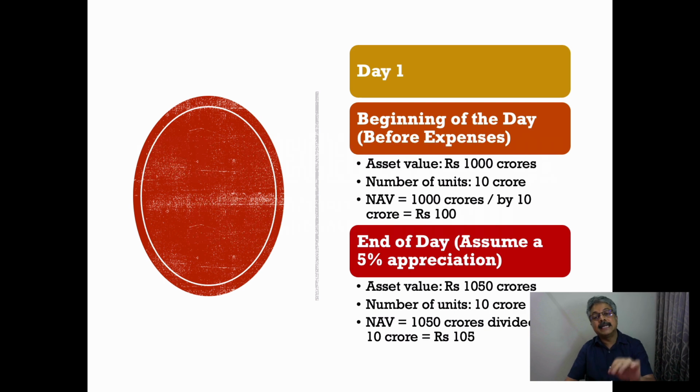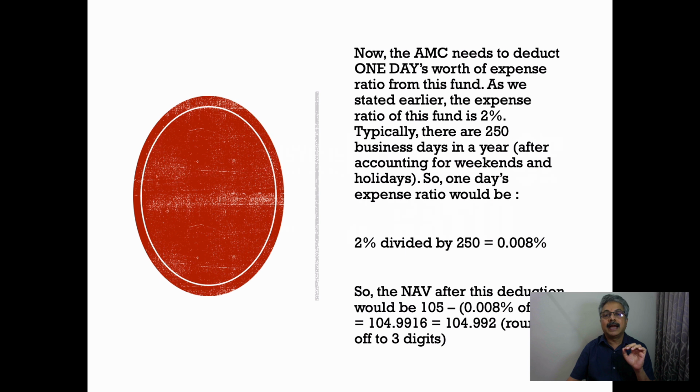But now, we have to account for the expense ratio. What happens? Every day, the AMC deducts a little bit from the NAV before it declares the NAV to account for the expense ratio. In this case, we assume that it's 2%. Typically, there are 250 business days in a year. So, 1 day's worth of expense ratio would be 2% divided by 250.